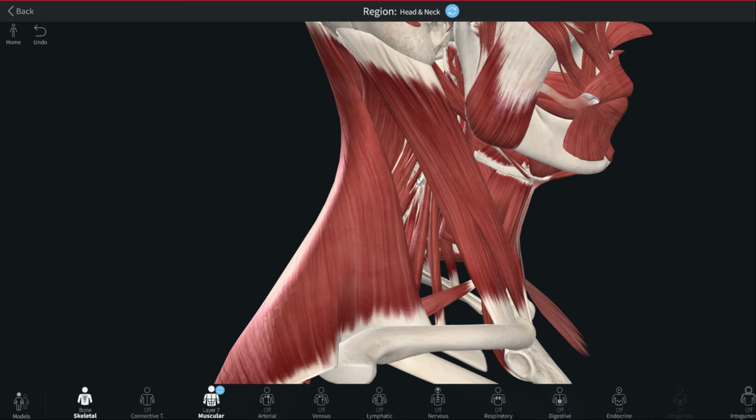So the roof of the posterior triangle is formed by, mark my words, the investing layer of deep cervical fascia. Very, very important. I think I never actually discussed the deep cervical fascia and its three layers in my previous discussions.